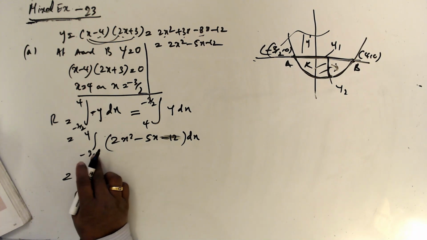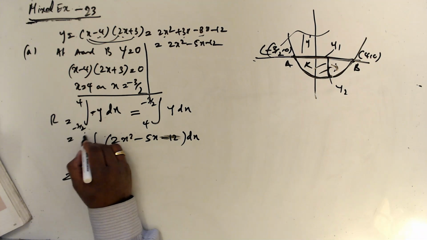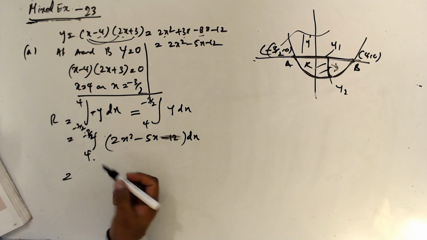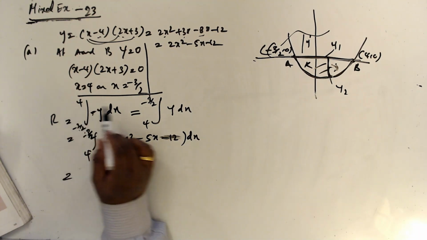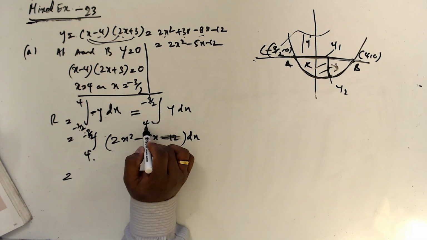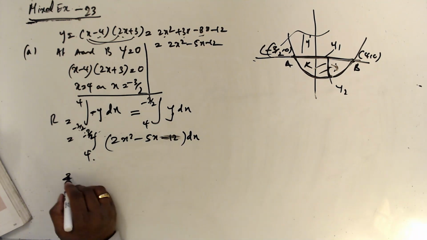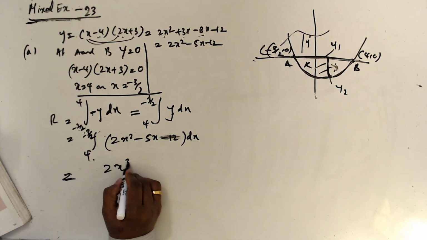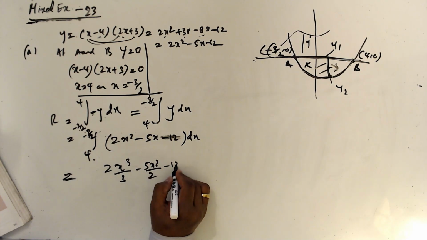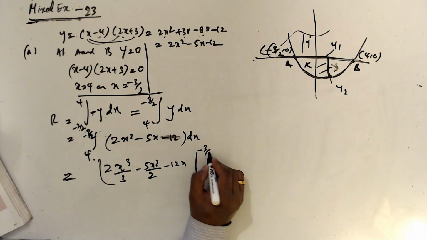Now I'll take the negative out and I change the boundaries, lower and upper. When I get rid of minus, lower becomes upper, upper becomes lower. So this is going to be 2x cube over 3 minus 5x square over 2 minus 12x, from 4 to minus 3 over 2.